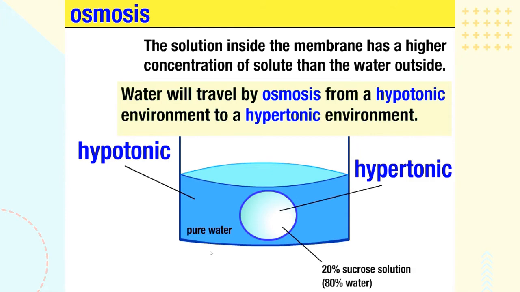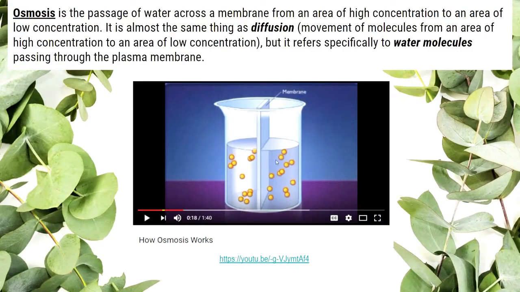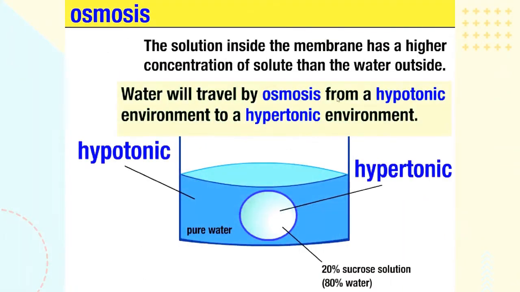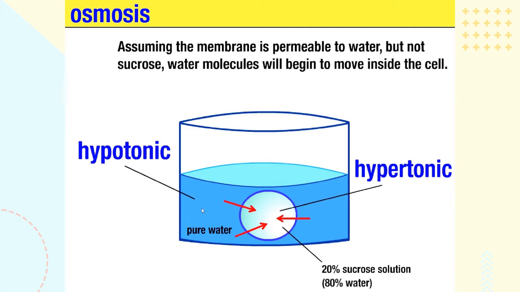So what will be the movement of molecules then? Water will travel by osmosis, from a hypotonic environment to a hypertonic environment. So the movement will be from the outside, higher concentration of water, 100%, into the cell at 80%.